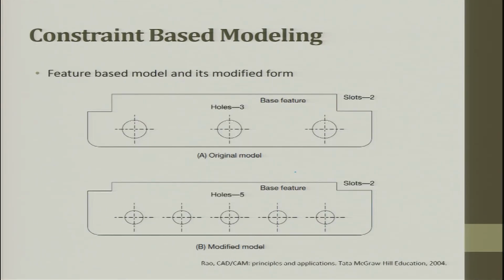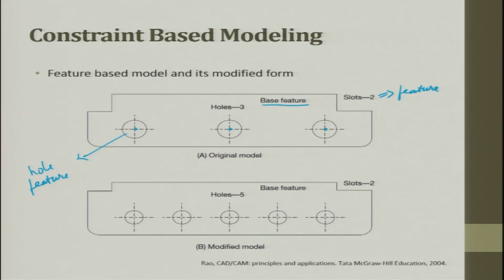So, feature based model and its modification. This is the base feature and this hole is another feature. All you do is take the base feature, take the hole feature and define the locating points, then you get whatever you want. If you want to make a slot, slot is a third feature. You define the location for the slot, you get the slots on both the ends.